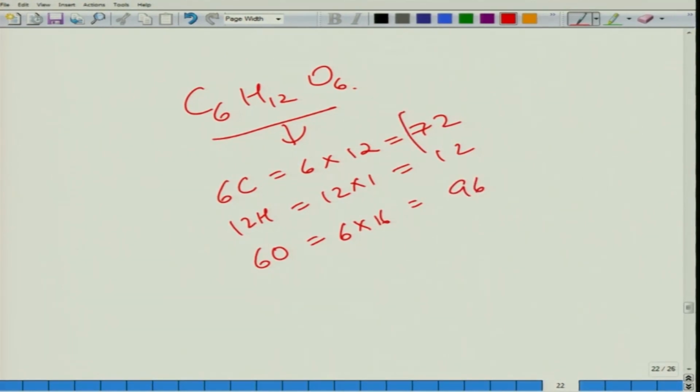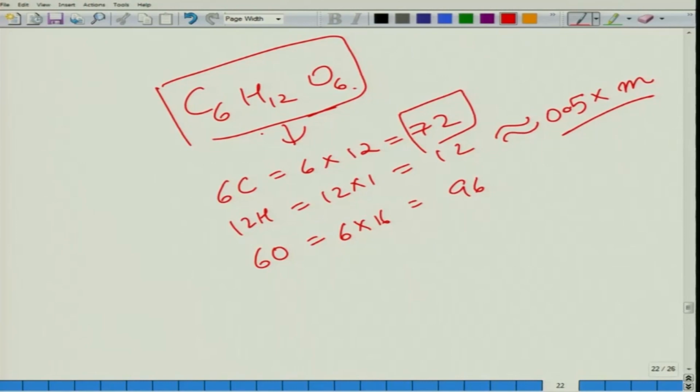So, essentially the amount of carbon that is there in this biomass is roughly 0.5 times the mass of this sugar. So, by using the volume of the crown and the mass of the crown, we can calculate the amount of carbon that is there in the crown, which is an indication of the carbon sequestration that this tree is doing.